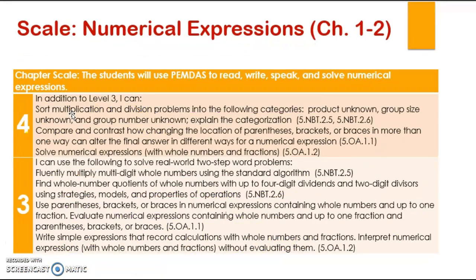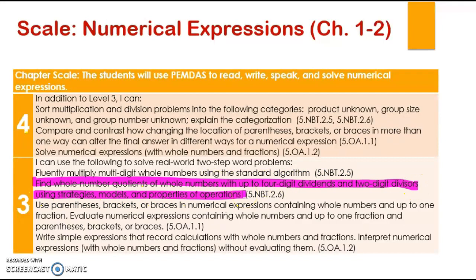Let's look at levels 3 and 4. And we're only going to highlight in pink what we're going to be working on in this chapter. Notice that it says we will use strategies, models, and the properties of operations.